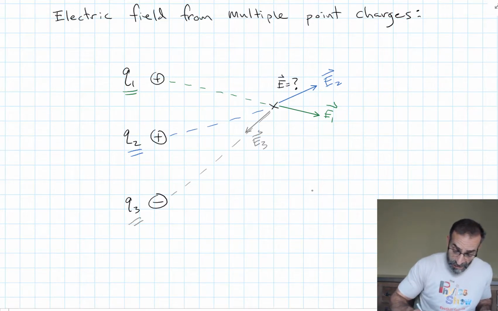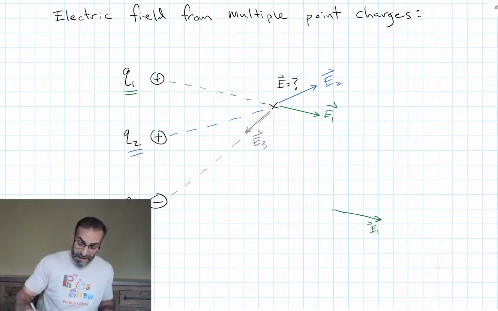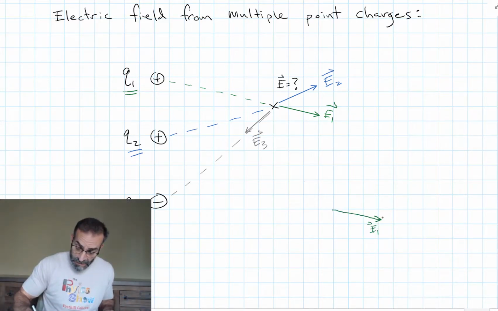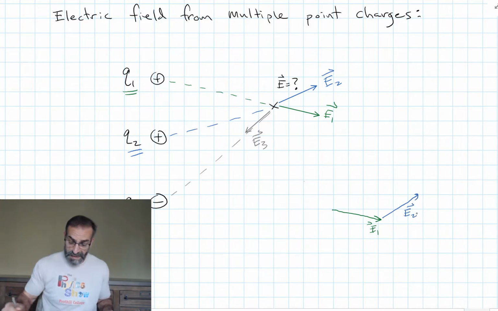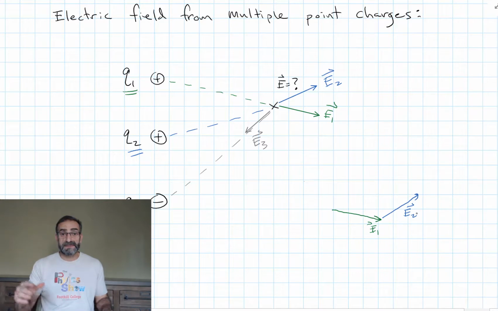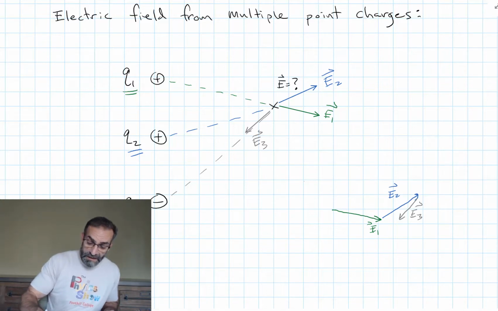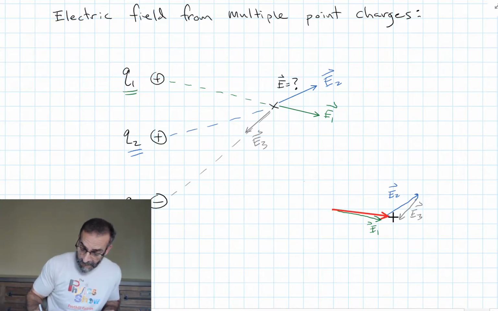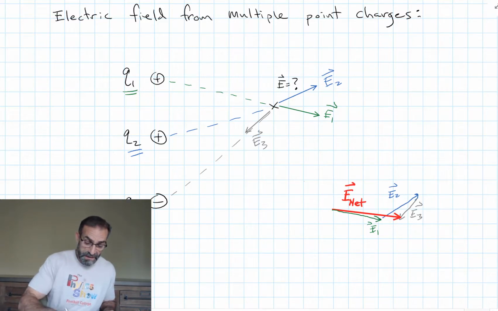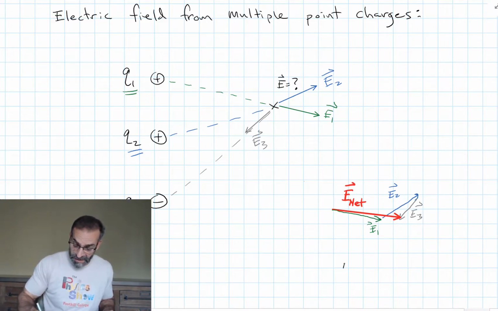I've got E1, points something like this. E2 points like that, so I add my vectors tip to tail. E3 points something like this. So my final vector would point in that general direction.